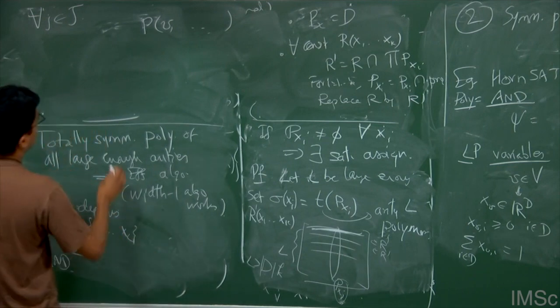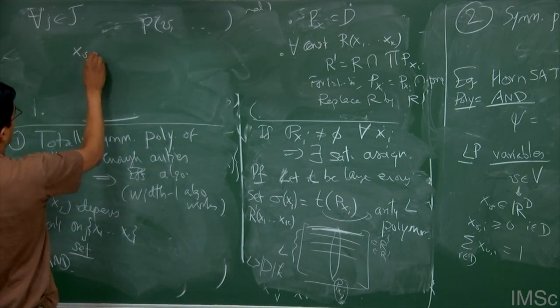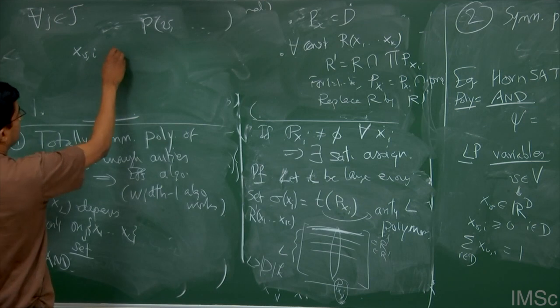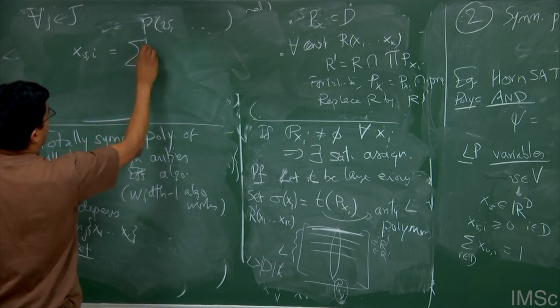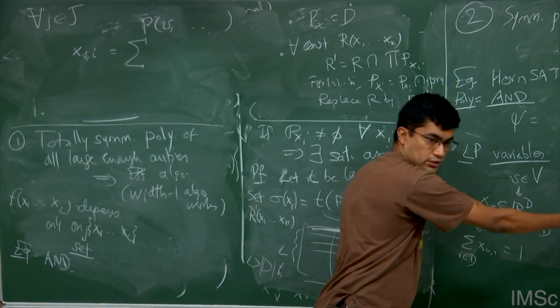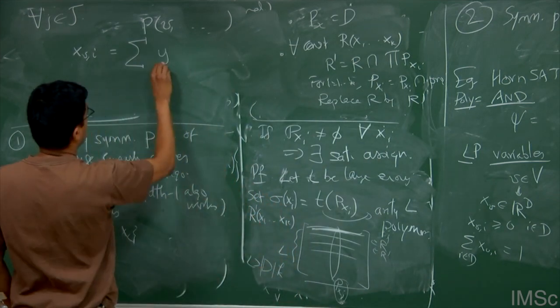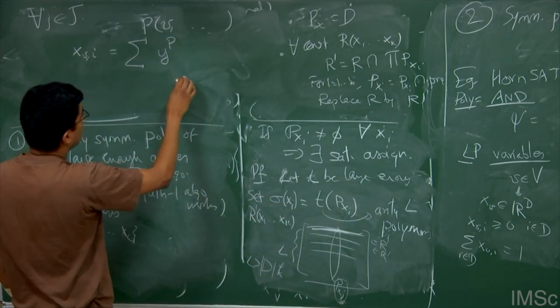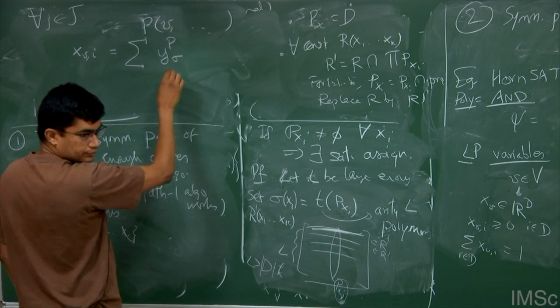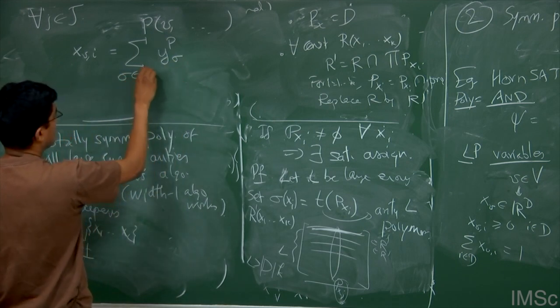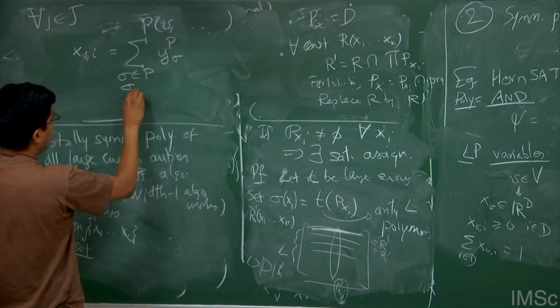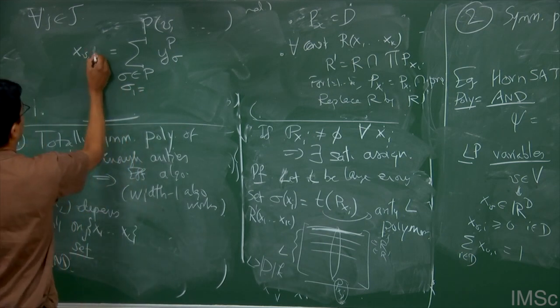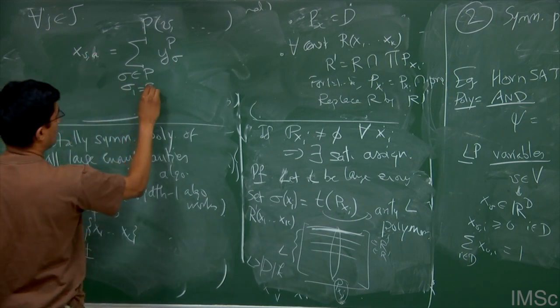So basically what you will then say is that x_{v,i} is going to be the summation of, let's use values y for this predicate, y_{P,sigma} for all sigma in P, where sigma_1 equals, maybe I won't use i here, let me use a, sigma_1 is a.